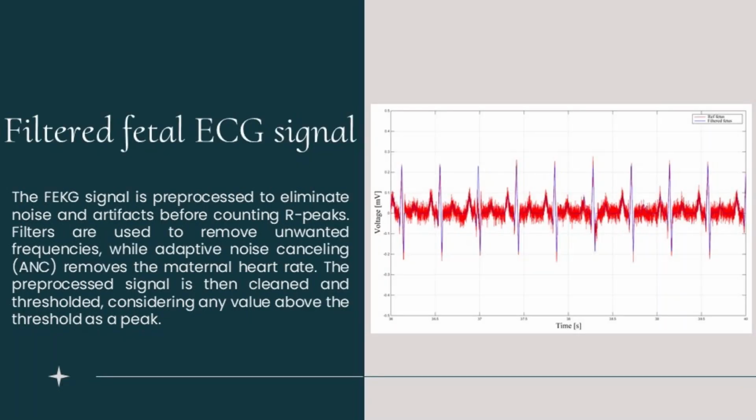Once the adaptive filtering process is complete, a filtered fetal ECG signal is obtained. This signal primarily consists of the fetal cardiac activity with a reduced level of noise and artifacts. The filtered signal provides a clearer representation of the fetal heartbeat.